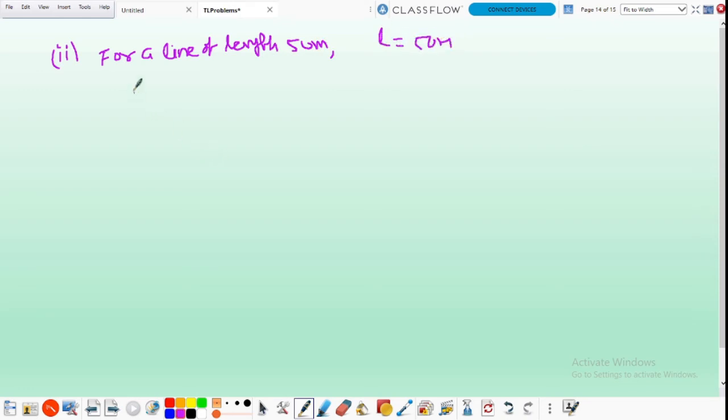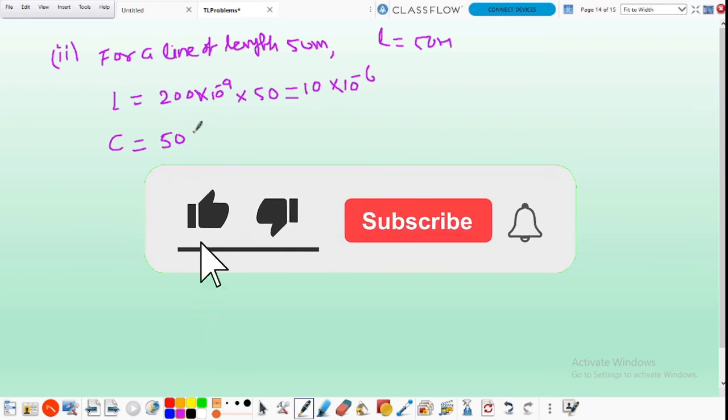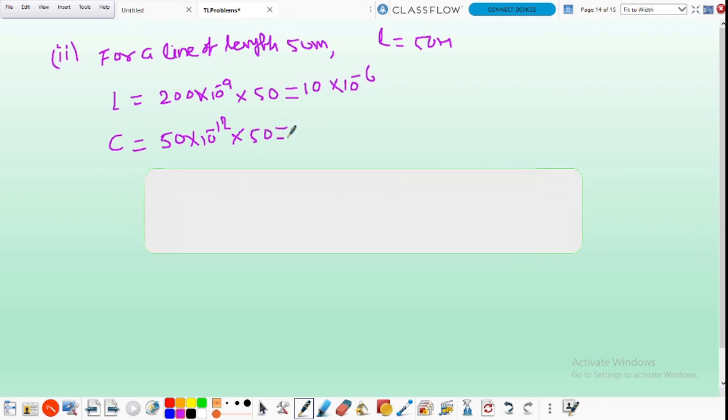Therefore the inductance L is equal to 200 nanohenry, 200 into 10 to the power of minus 9 into 50 meters long. So that is equal to 10 into 10 to the power of minus 6, and the capacitance C is equal to 50 into 10 to the power of minus 12 into 50 meters long line.